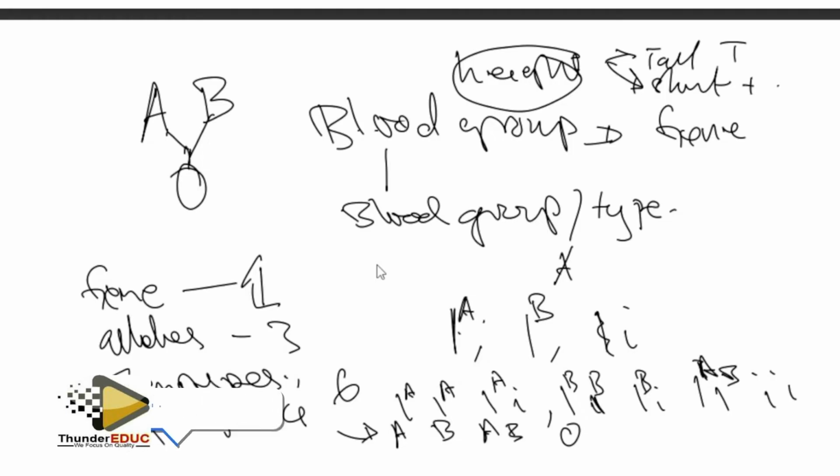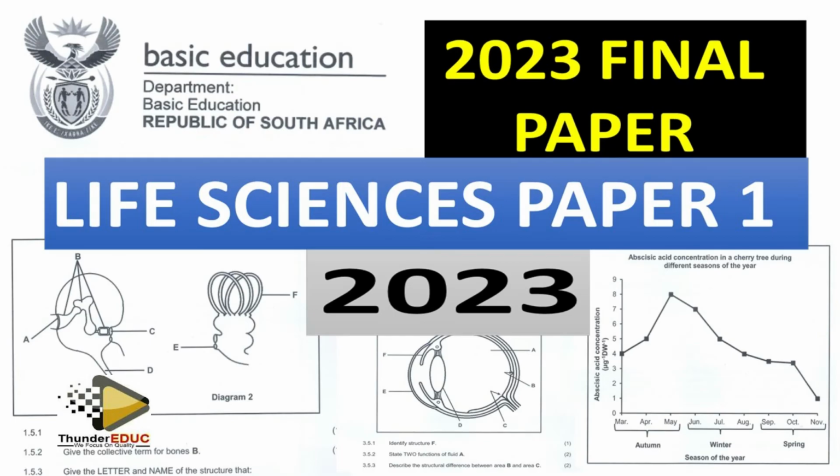Once you find that question, for you to cross, it means that because they are saying they produce a kid of blood group O, O is small i, small i.